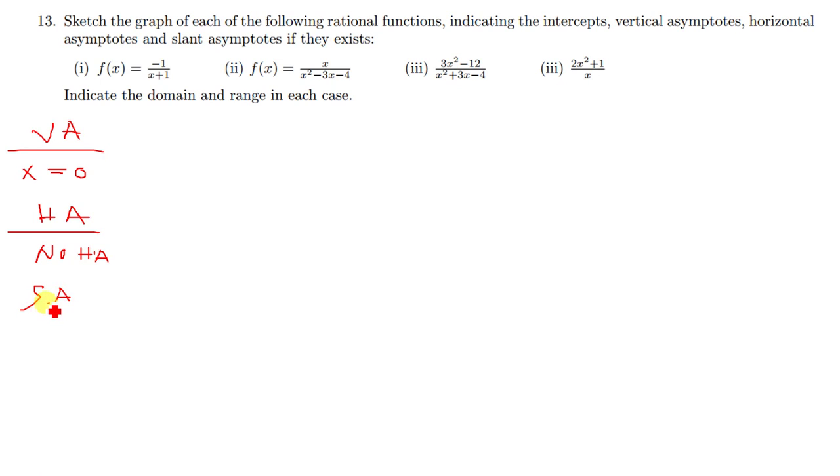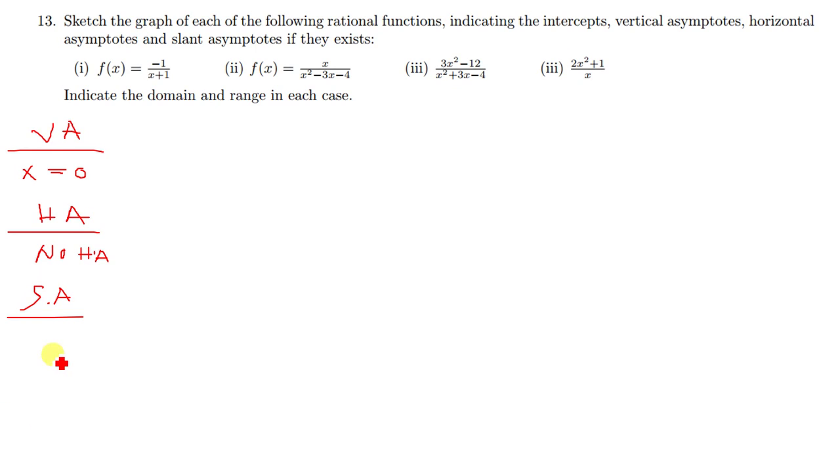The slant asymptote is present because the denominator's power is less than the numerator's. How do you find the slant asymptote? By using long division or synthetic division. You divide and then find the quotient.